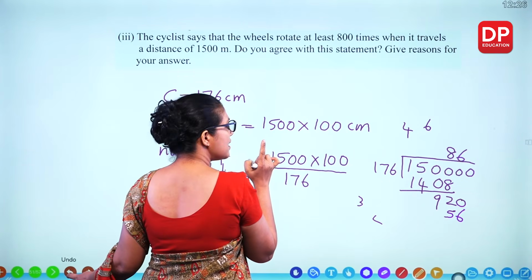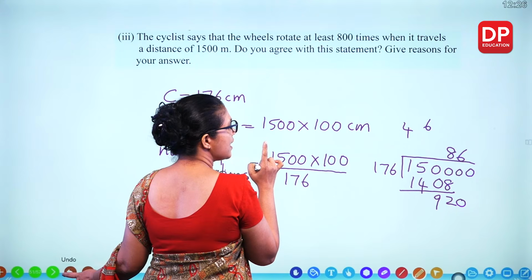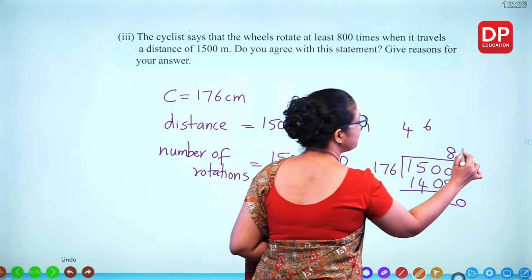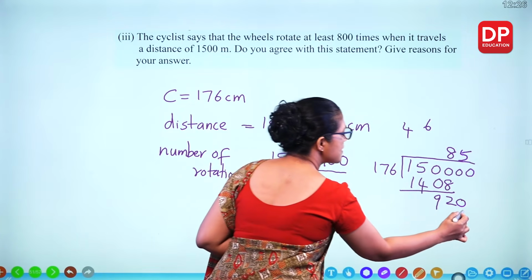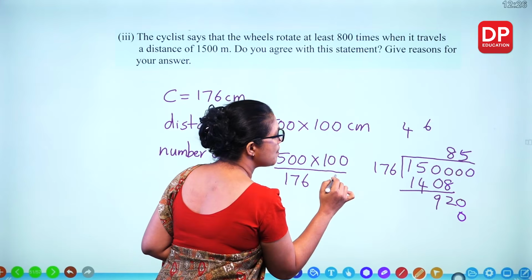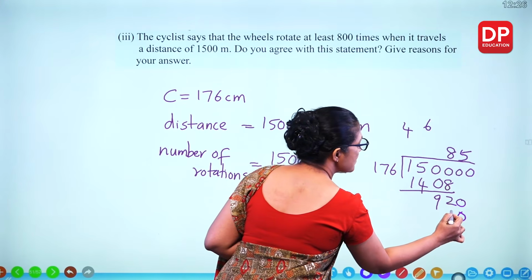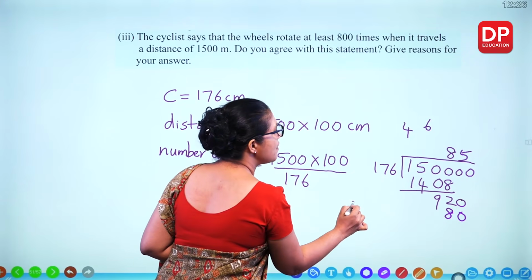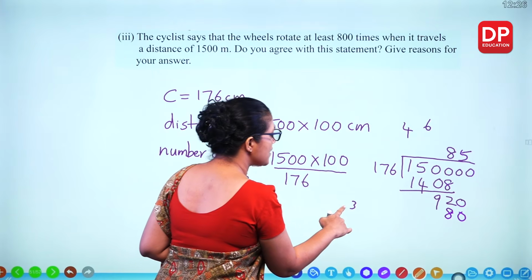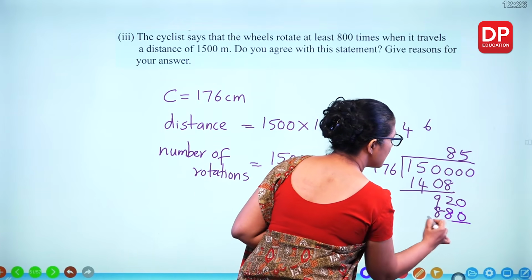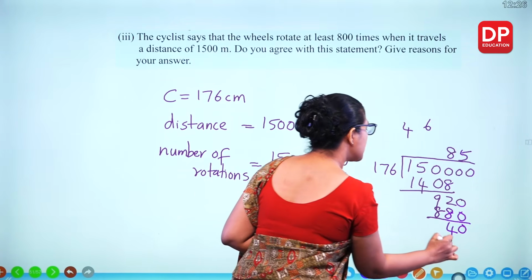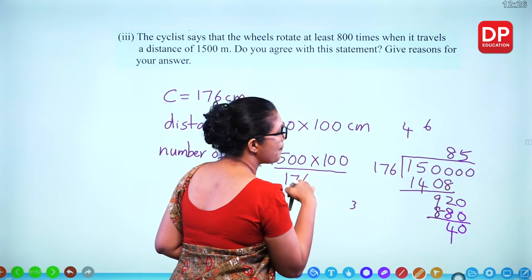So that means less than that. So we'll take 5. 5 times 6, 30. 3 remaining. 5 times 7, 35. Plus 3, 38. 3 remaining. 5 times 1, 5. Plus 3, 8. So when you subtract, you get 40.